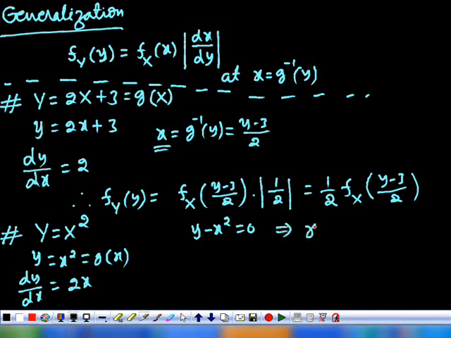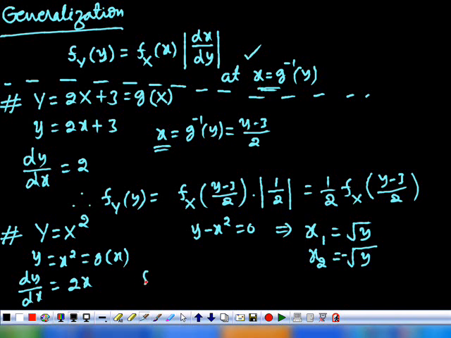This implies x1 = √y and x2 = −√y. See, in the previous case we had only one root, so we evaluated it at that one value, but now we have two roots at two different values, that is x1, x2. Then add up those two.